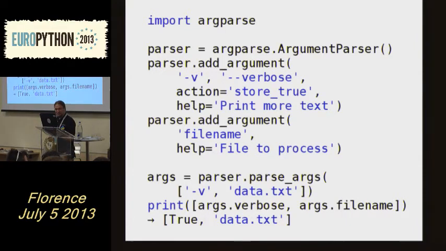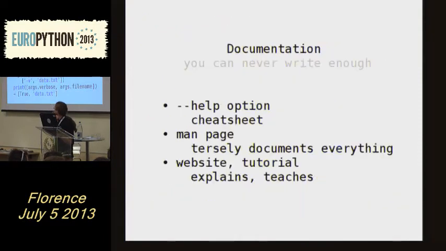Now how do you document these? You can have a help option which pretty much writes out a cheat sheet of what each option does. You can have a man page which is a little more verbose but not too much, and it should document everything your program does.